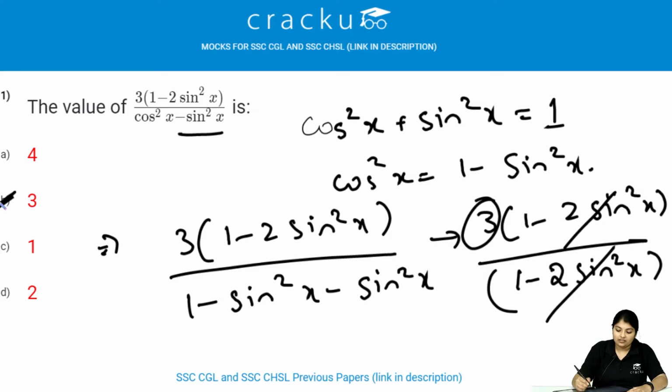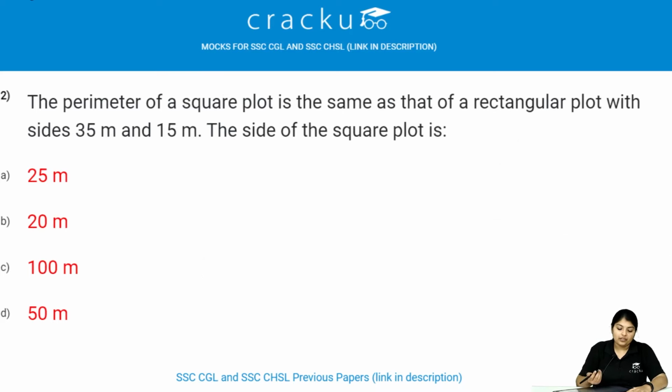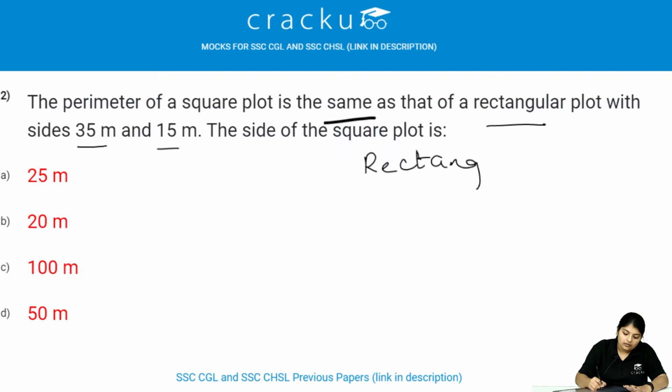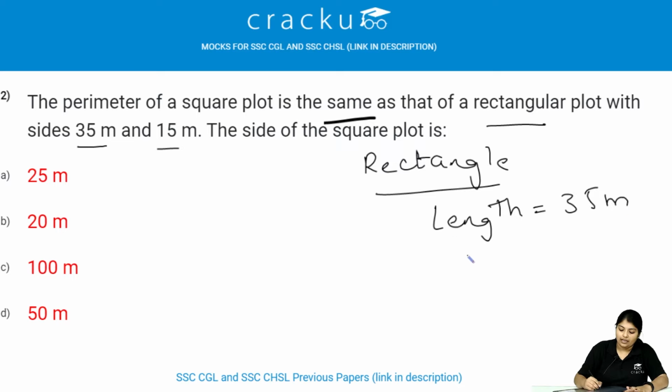Let's see the next one. The perimeter of a square plot is the same as that of a rectangular plot with sides 35 meters and 15 meters. So the rectangle's length is 35 meters and breadth is 15 meters.